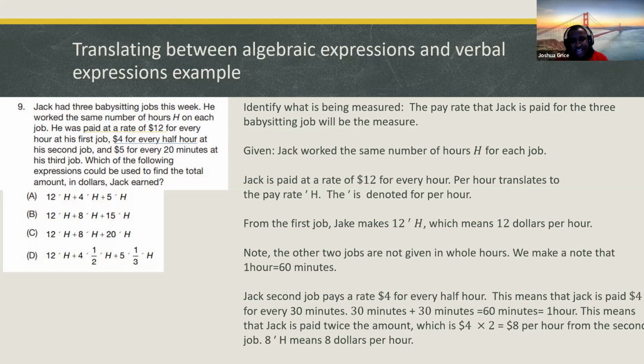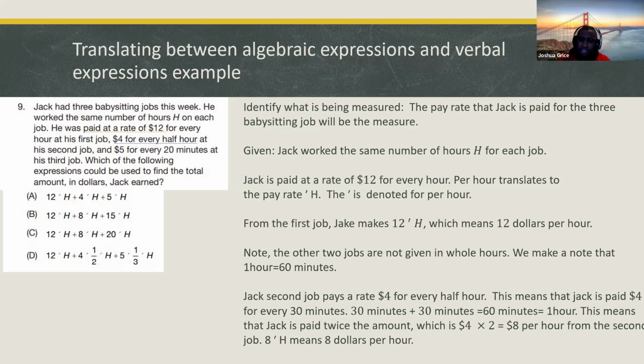First, we're given that Jake is paid a rate of $12 for every hour. So what he makes per hour translates to how much he's paid with the apostrophe H, and the apostrophe is just denoting per hour. So the first part of our expression is going to be the number 12 and the apostrophe H, and this means $12 per hour.